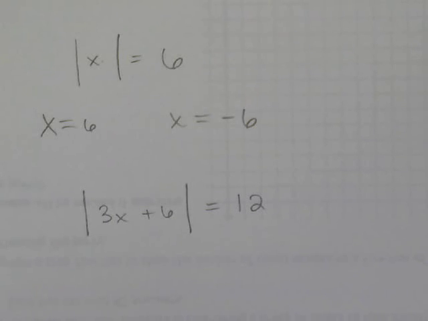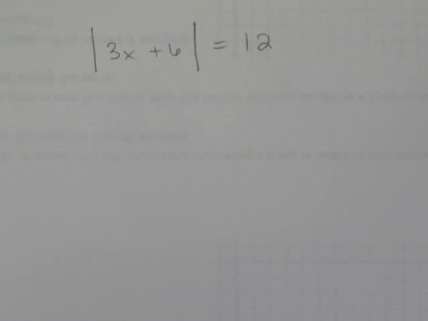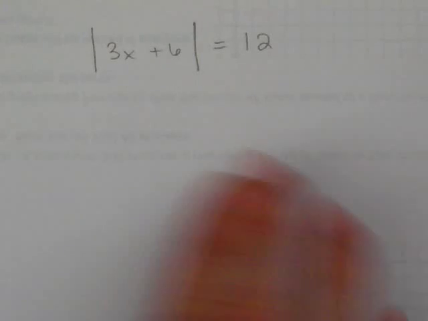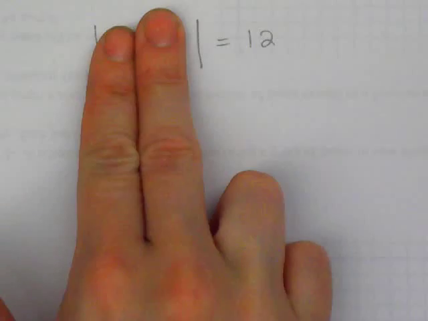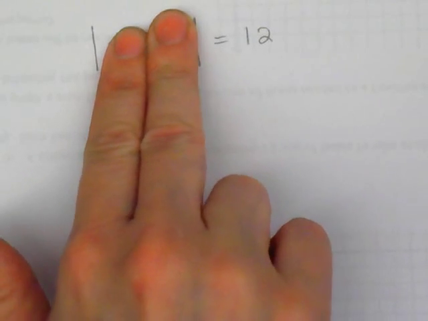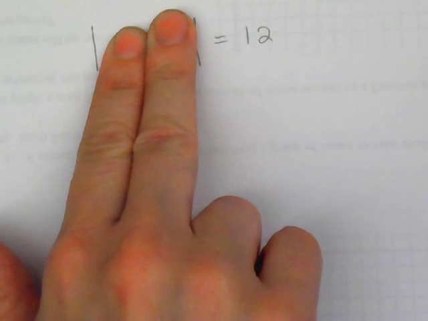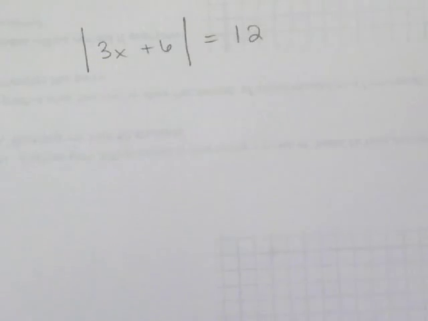So this method that we're talking about that's referred to on your worksheet is called looking inside, because you're looking at what's inside those brackets, the absolute value brackets. So basically, whatever this is inside those brackets, what does that have to equal? 12 or negative 12.